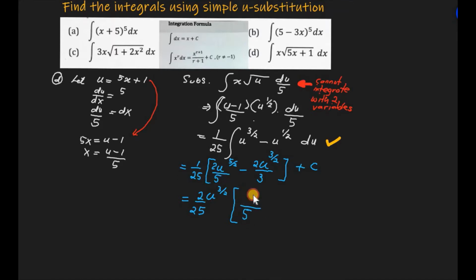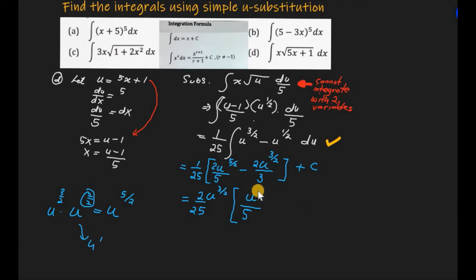Okay, and here what is the power such that u times u power 3 on 2 is u power 5 on 2? Let's check. u power 3 on 2 multiplied by u power something is equivalent to u power 5 on 2. So this one must be 2 over 2. Okay. 3 on 2 plus 2 on 2 for the index, we get 5 on 2. 2 on 2 is actually u power 1.